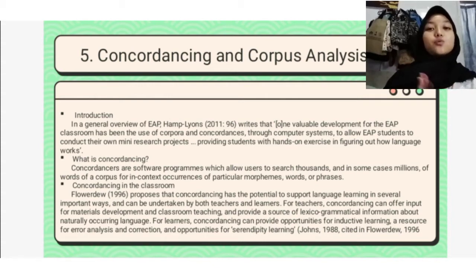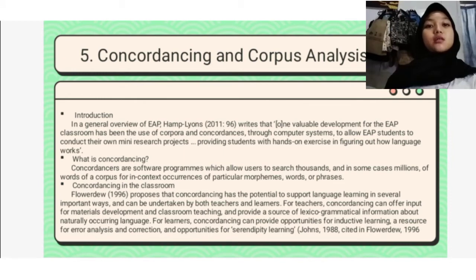The second is, what is concordancing? Concordancers are software programs which allow users to search thousands and in some cases millions of words of a corpus for in-context occurrences of particular words or phrases.